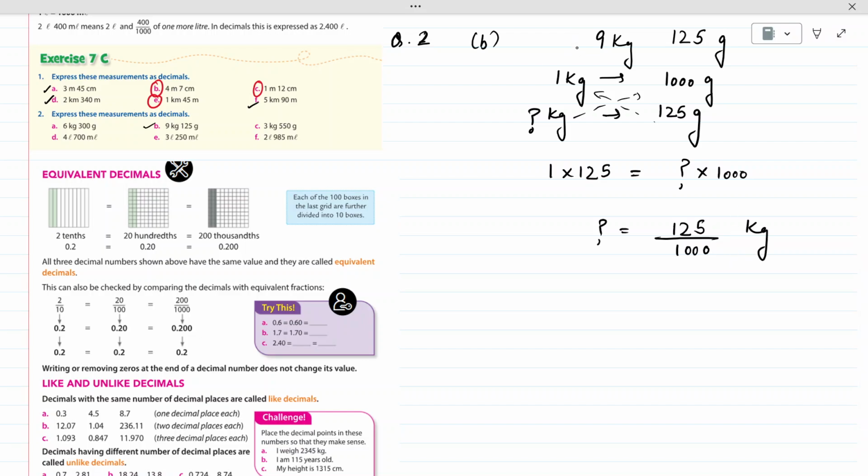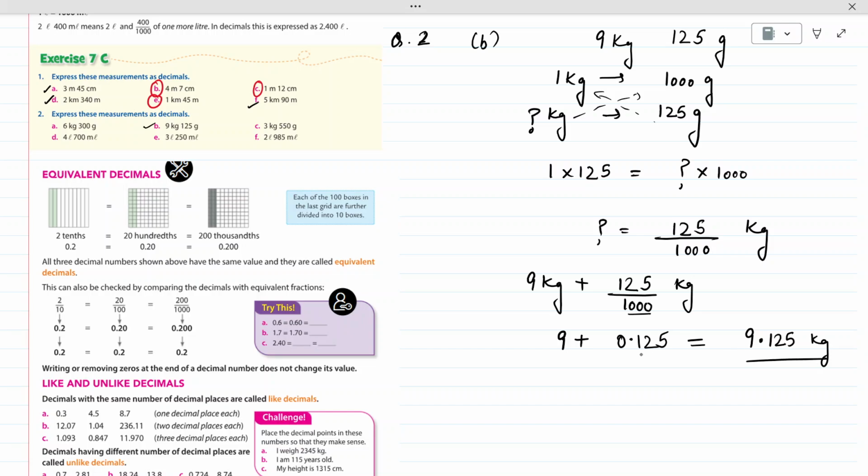And now what next? Just put the values in the given question. This is 9 kg plus 125 divided by 1000 kgs. Keeping the kgs common here because this is same here. So we will get 9 plus, now we have to put decimal after 3 places from the right, 0.125, which is equivalent to 9.125 kgs.